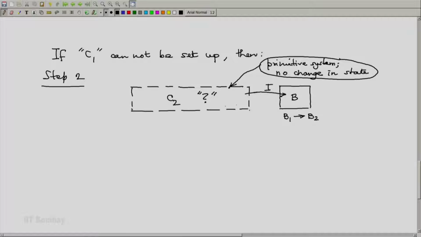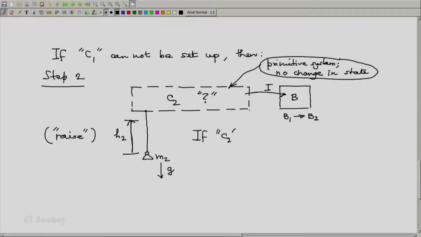The net effect of replacing A by C2 is that some mass, say m2, in a gravitational field g should be raised, mind you, raised, not lowered, by a height h2. Again, let me emphasize that raise is important.